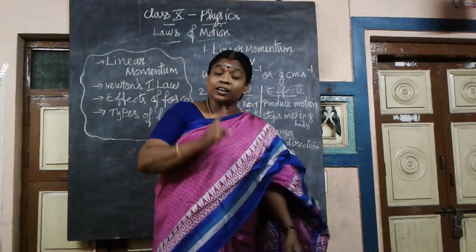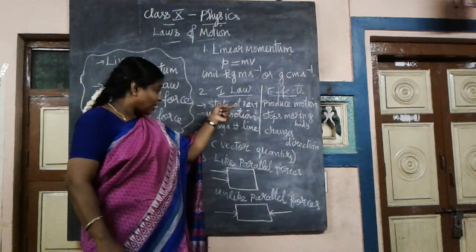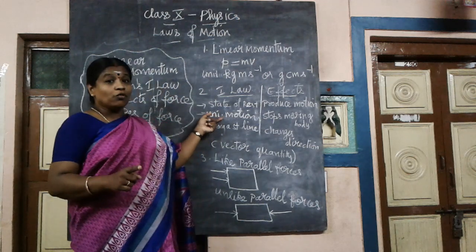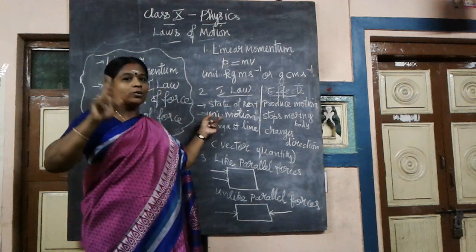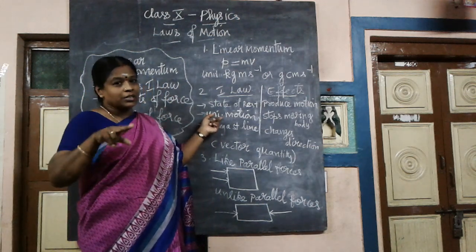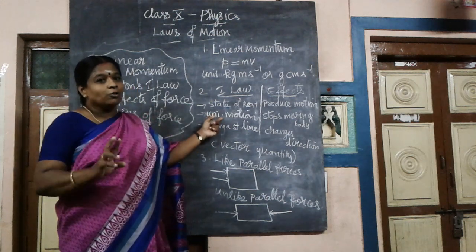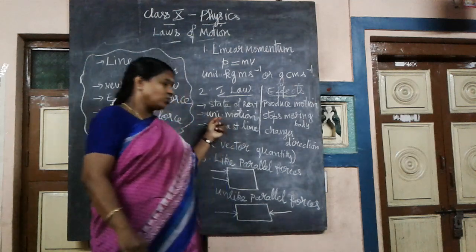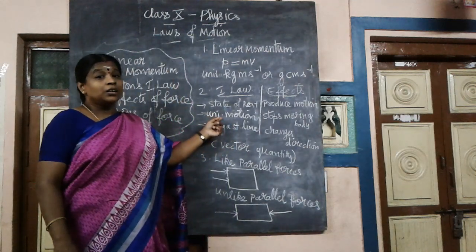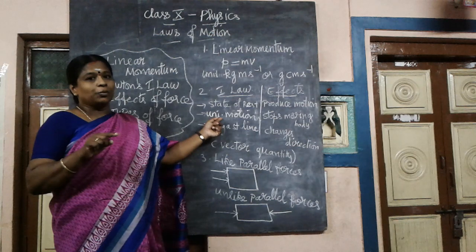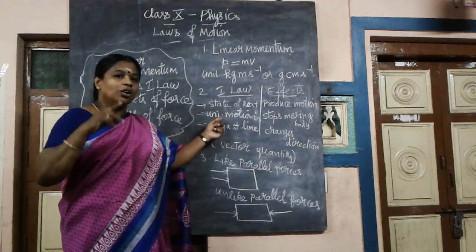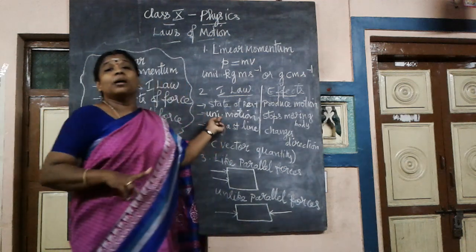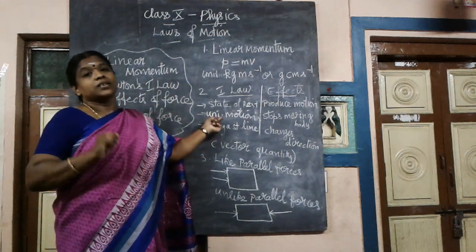Every body continues to be in the state of rest. What is the next state? State of uniform motion. Recall Galileo's state of earthly bodies. So every body continues to be in the state of rest or uniform motion in a straight line unless it is compelled by an external force.